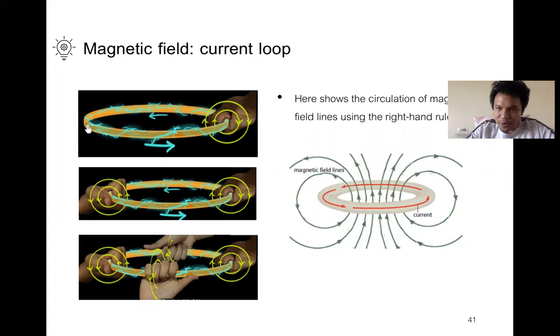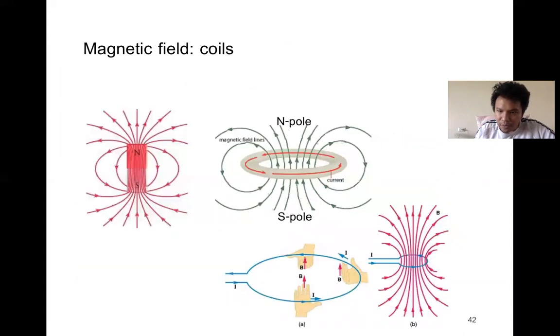I'll let you watch this for a while. From here, if we point the thumb into the paper, your fingers will be in the clockwise direction. But if you pull your thumb out from the screen, your fingers will be in the counterclockwise direction.